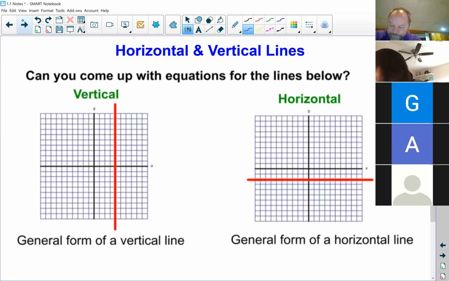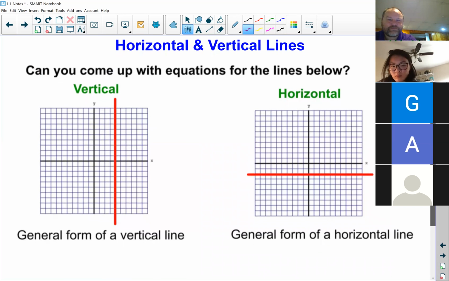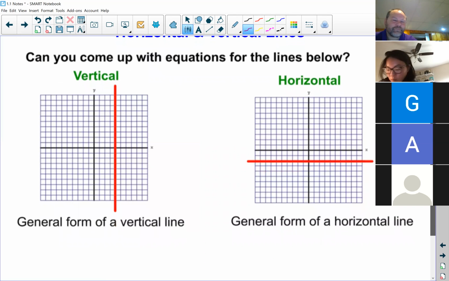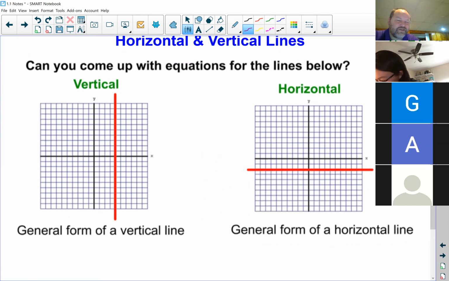All right, so vertical lines and horizontal lines are pretty special, and they have special equations. In a vertical line, all of the x coordinates are exactly the same.